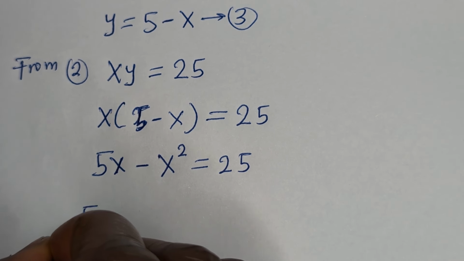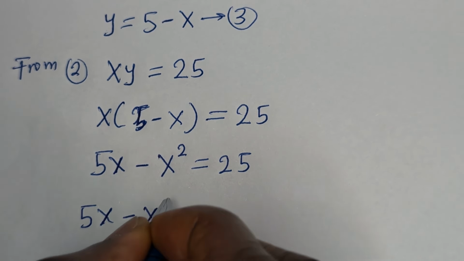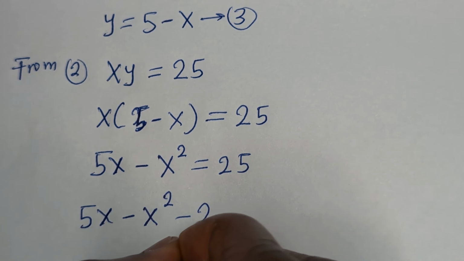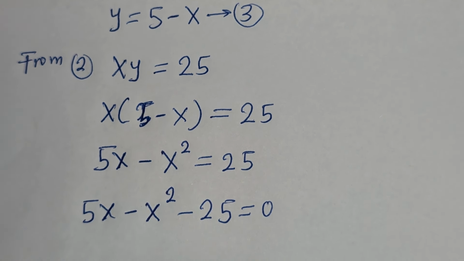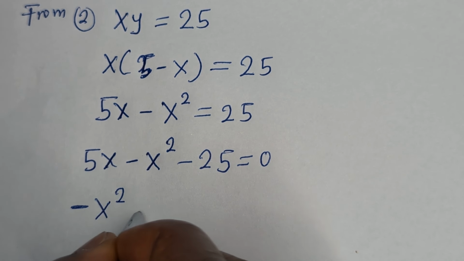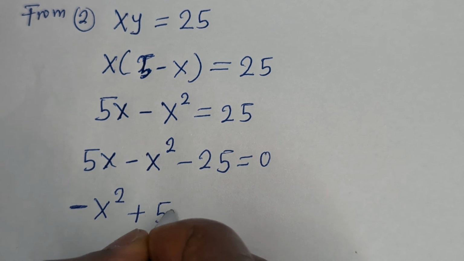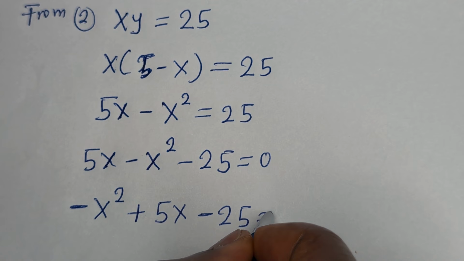We have 5x minus x square minus 25 is equal to 0. Then this is minus x square plus 5x minus 25 is equal to 0.